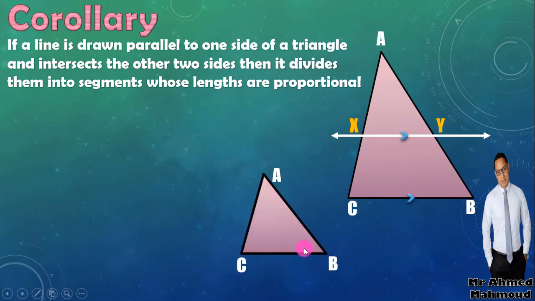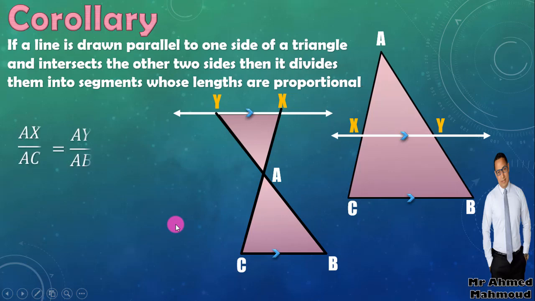If we have triangle ABC and the line comes from outside, so if I extend AB and extend AC like this, we get proportional segments. XA over AC equals YA over AB, and also XA over XC equals YA over YB, and also AC over XC equals AB over YB.